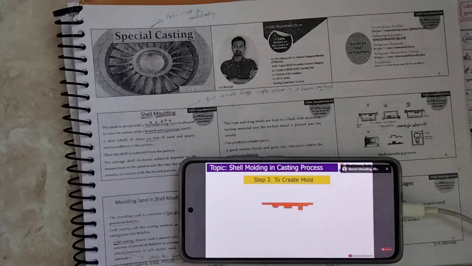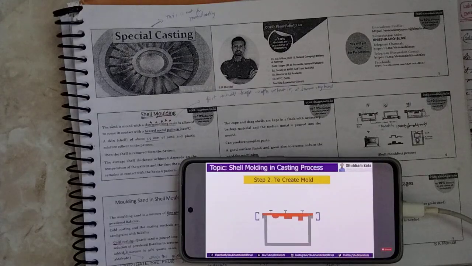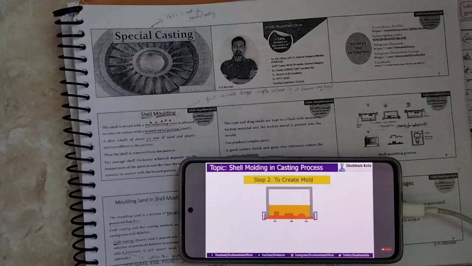During creating the mold, each pattern half is heated to 175 to 370 degrees Celsius and coated with lubricant to facilitate removal. The heated pattern is clamped to a dump box which contains a mixture of sand and resin binder. The dump box is inverted, allowing the sand-resin mixture to coat the pattern. The heated pattern partially cures the mixture, which now forms a shell around the pattern.